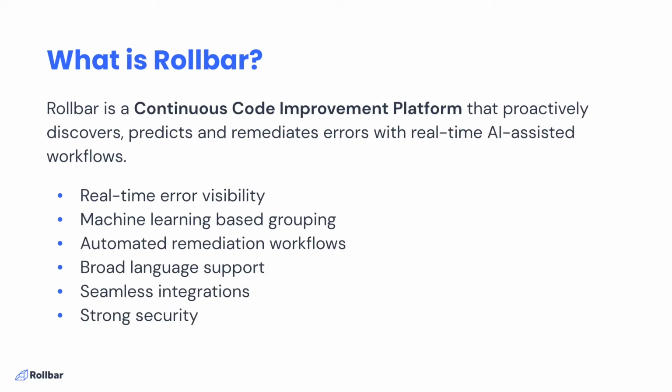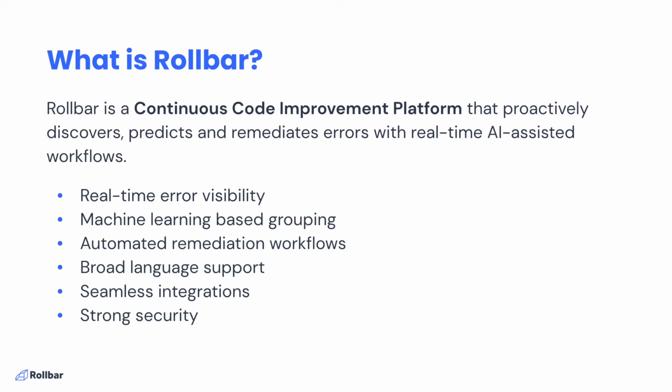All right, so first of all, what is Rollbar? So we describe ourselves as a continuous code improvement platform. And so what that means is we are focused on your code as our primary working ground.